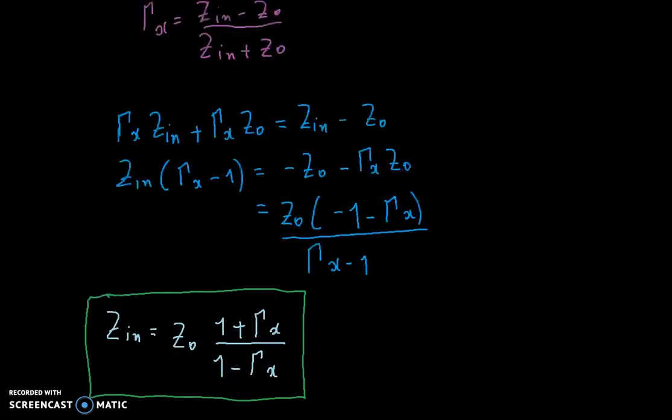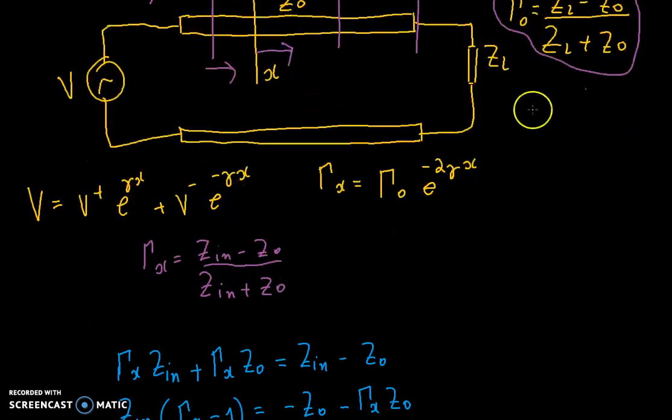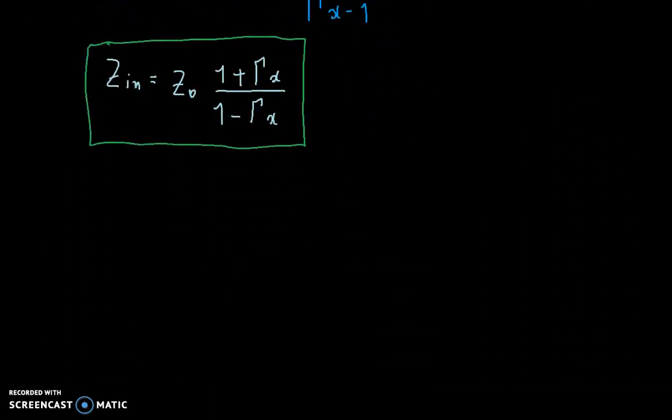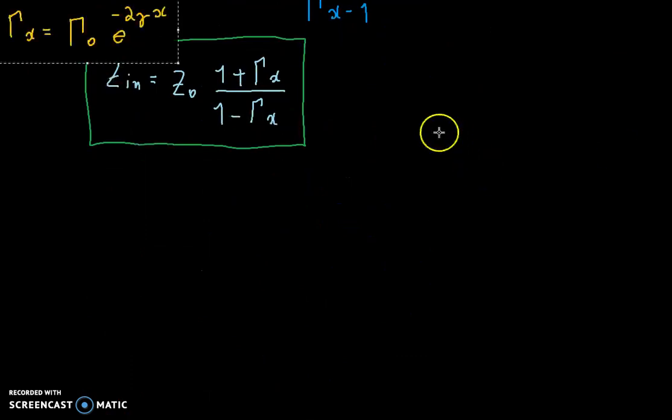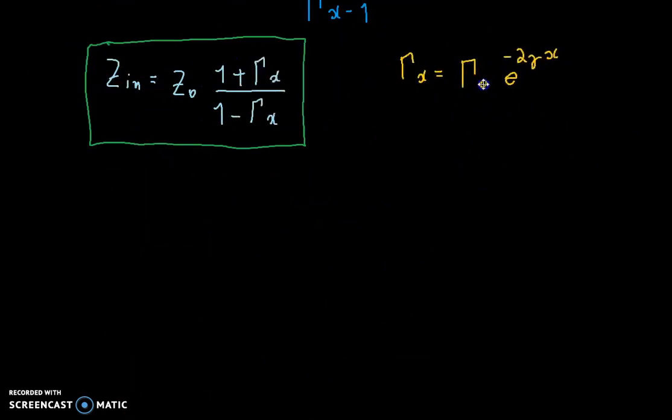Okay, so now the next step is to substitute gamma x into here. So remember, what is gamma x? Gamma x is this formula here. So let us just copy this to the bottom here. And now we substitute gamma x into this formula.